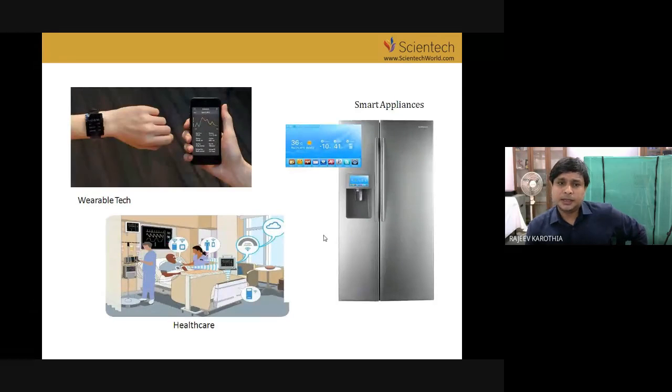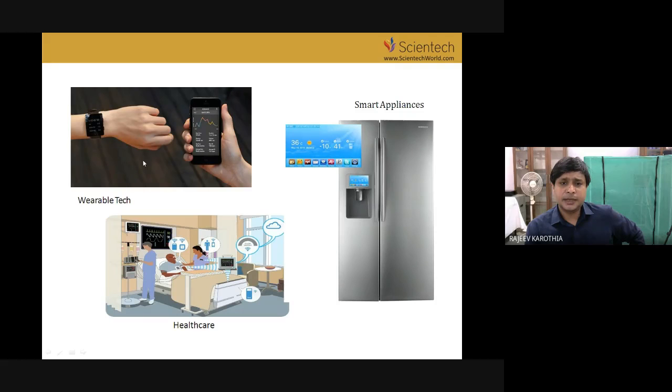Some of the other application areas of this IoT are wearable technology, healthcare, smart appliances. In that you can get details about the different processes going on in this domain. Like in healthcare, we can deploy or implant some sensors on a patient, so we can get different parameters from the human body, and then we can report to the doctor, or we can store the data at the cloud and do the analysis in real time.